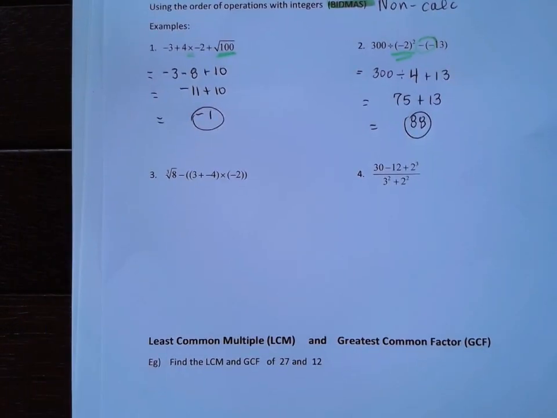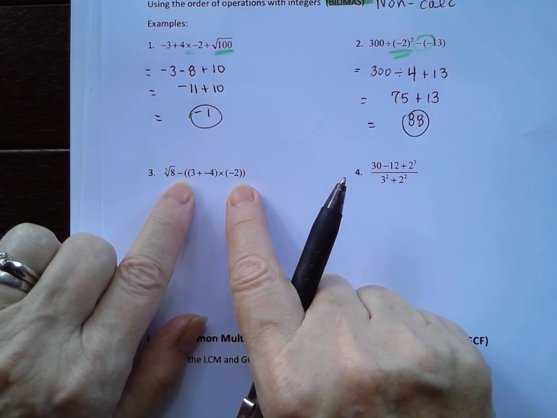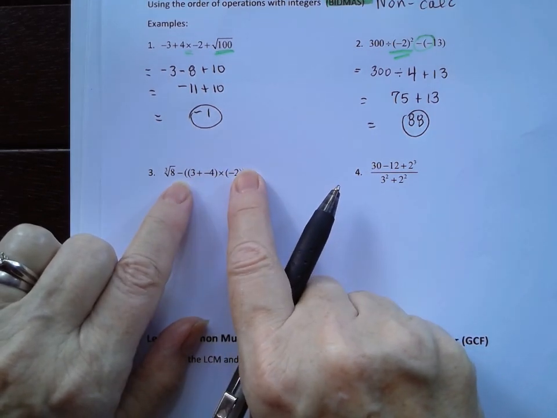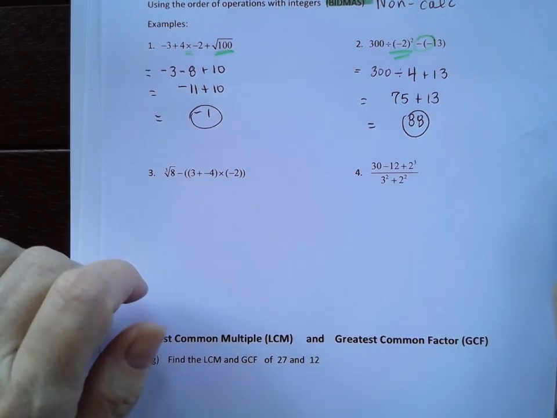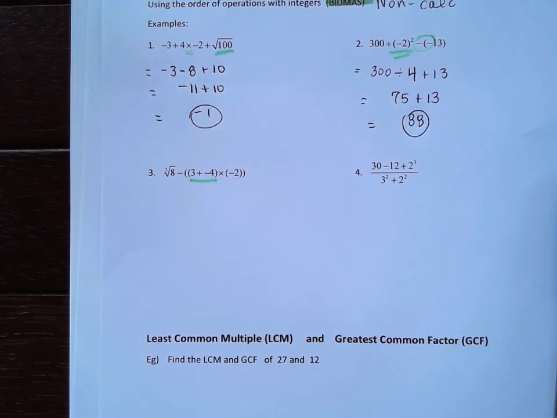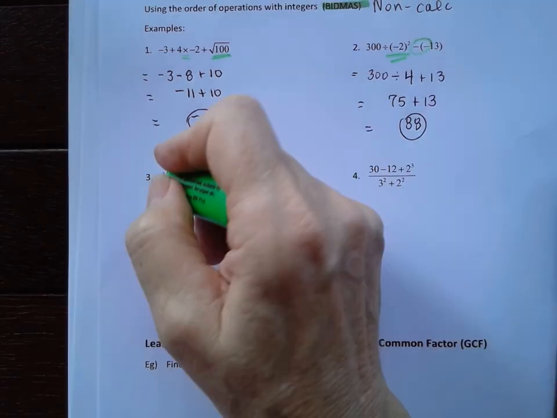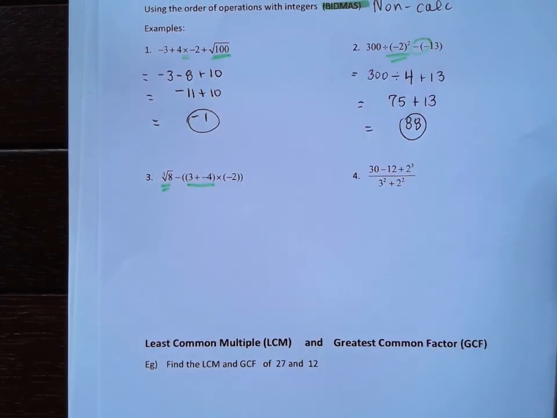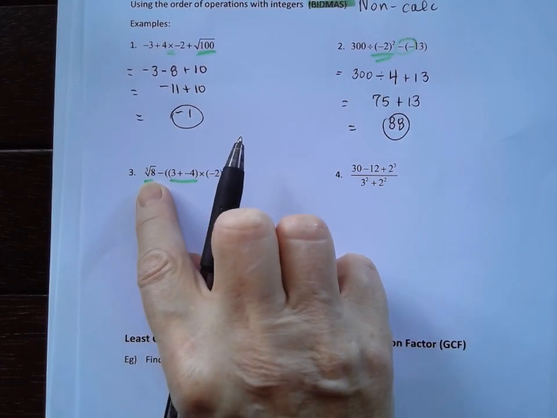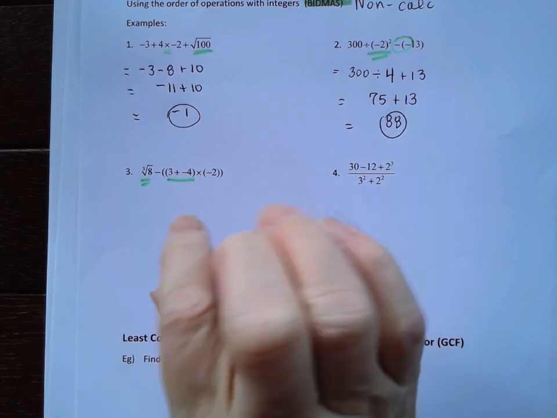Fantastic. Okay, this one has a couple of sets of brackets, one inside the other. So I need to work on this part first, that inside bracket, and then I'll do the multiplication. I can take care of this as well because it's an I. Remember, cube root is what 3 of the same thing multiply to give me 8.